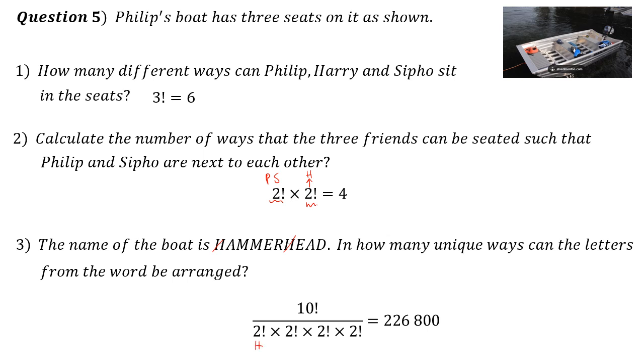So we divide under the line with 2 factorial. For A, there's also 2 of them. So that's that factorial. The M, there's 2 of them. And the E, there's also 2 of them. So it's the total 10 factorial divided by 2 factorial times 2 factorial times 2 factorial times 2 factorial, and your answer 226,800.